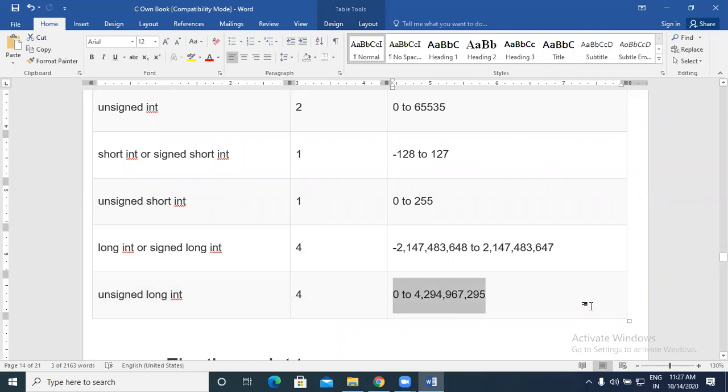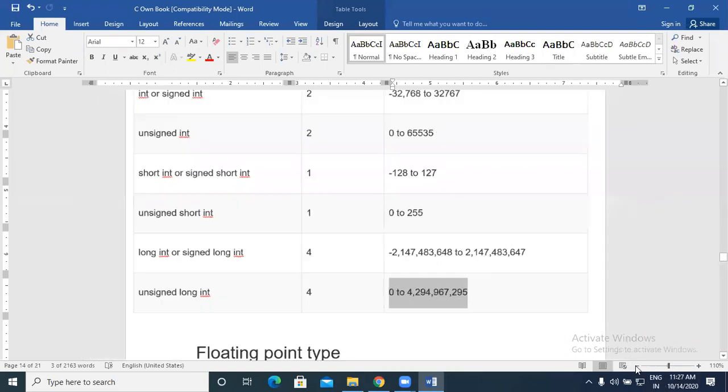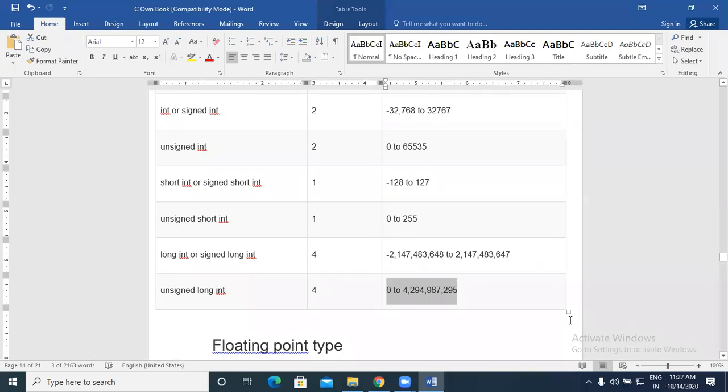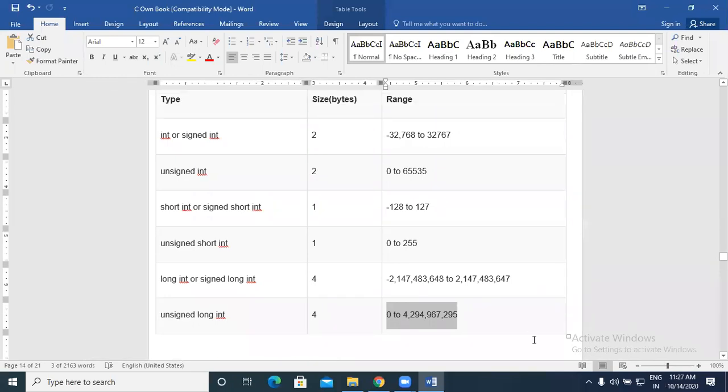So that is the range for storing different kinds of numerical values with the help of integer numbers. In integer numbers, some values are positive, some are negative, and 0, the neutral value, is also possible.